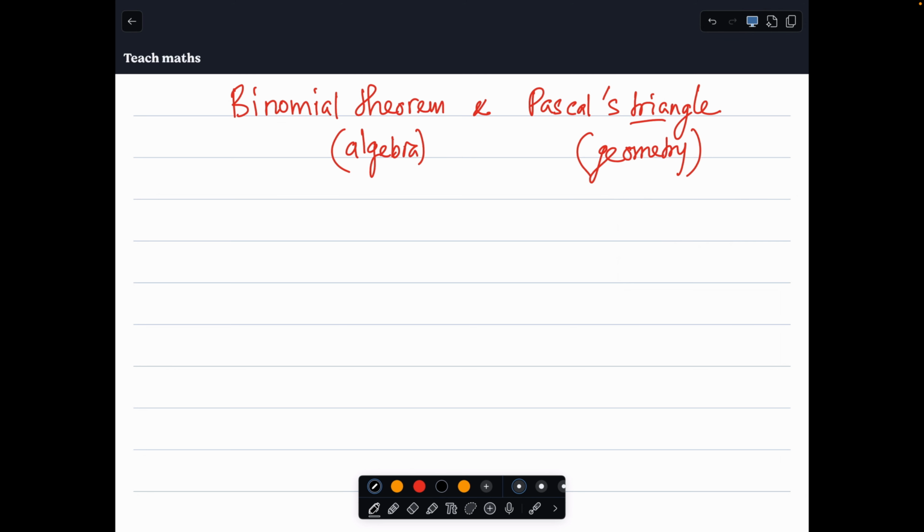So is this identity. Okay, a plus b squared equals a squared plus 2ab plus b squared. This is a specific case of the binomial theorem.